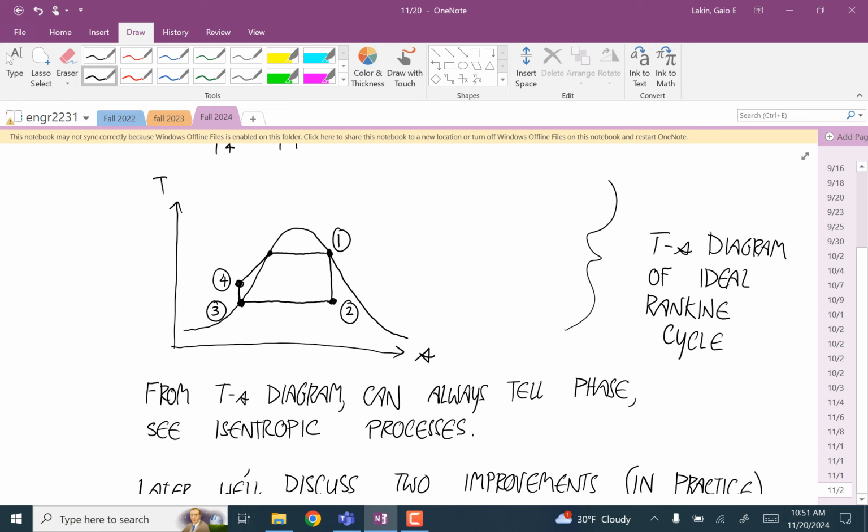And then, yes, you want it to be wide also, because the narrower that amount of energy is between a saturated liquid and a saturated vapor, the less benefit you're getting out of that constant temperature process to go from one side to the other. So you'd have to do more cycles to get the same effect. Exactly. Yep.